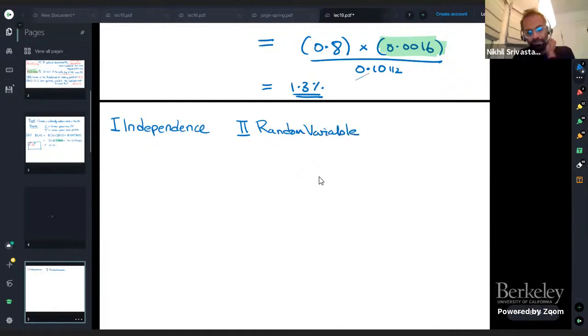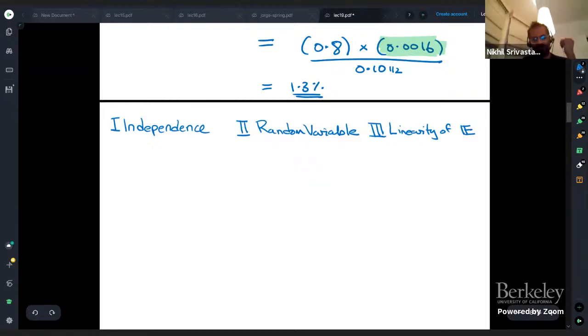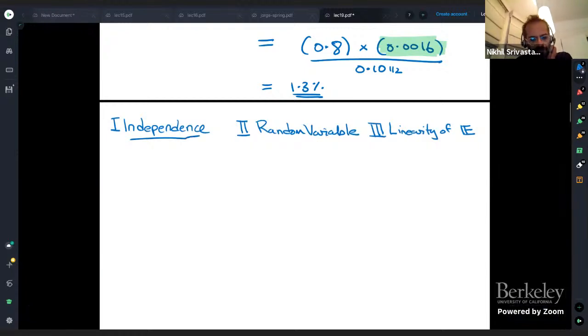And then I want to talk about some properties of random variables. Most importantly, I want to talk about linearity of expectation. So let me say a little bit more about independence. So I want to do one more example.